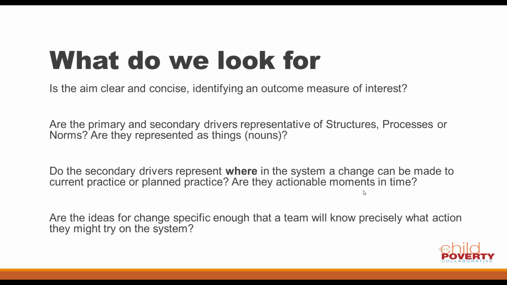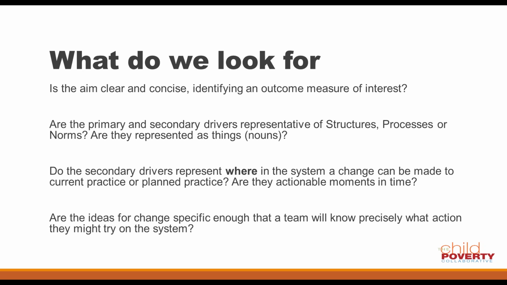Another thing I was looking for: are the primary and secondary drivers representative of the structures, processes, or norms that we spoke about on our previous call, and as they're described in the article that was made available? And are they represented as things that can be moved one direction or the other? That's important for us.